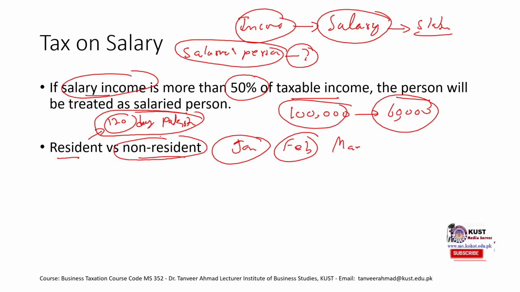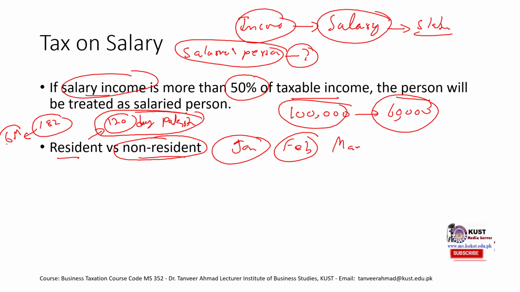Non-residents do not have to pay. There are other rules for non-residents, but they do not have to pay income tax. Remember, this 120 days was introduced last year, in the budget of 2020 and 2021. Previously it was 182 days, which is approximately 6 months.